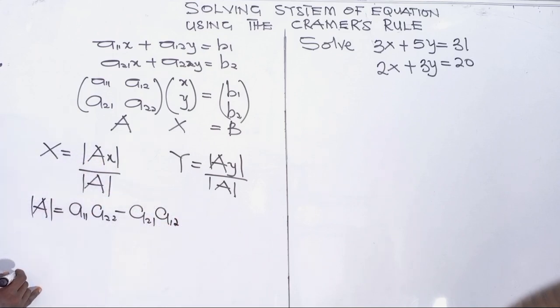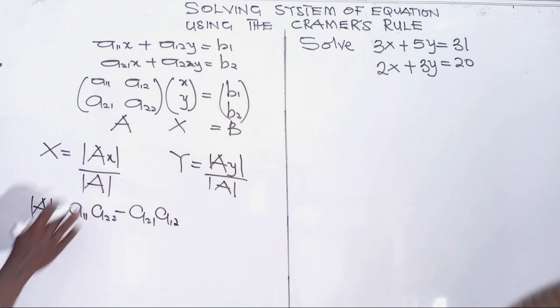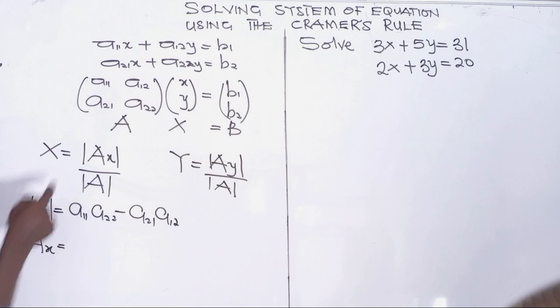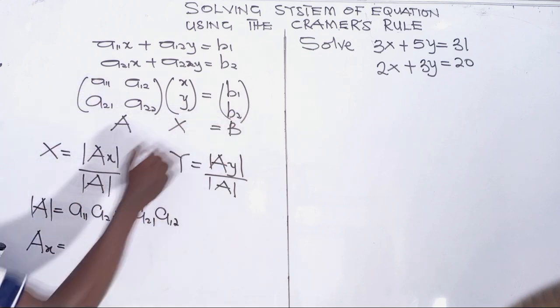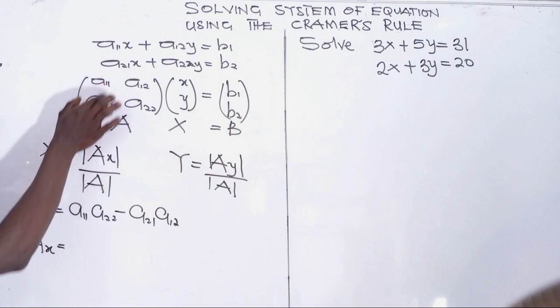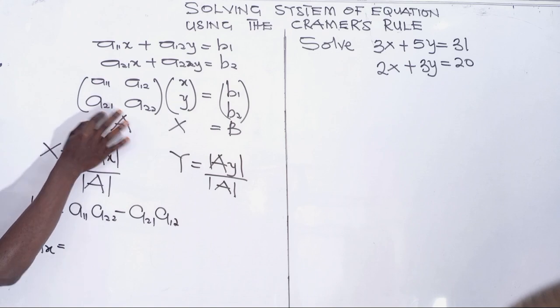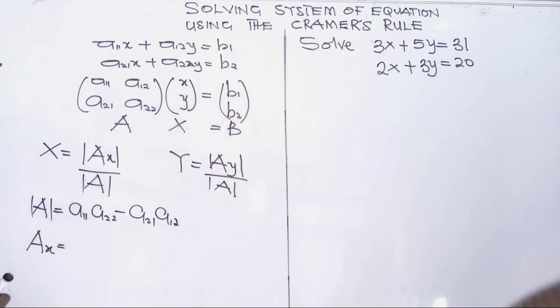Now let's look at the determinant of Ax. To find the determinant of Ax, first of all, we have to find our Ax. To find Ax means that we are going to replace the first column with the constant matrix. You can see that the first column is the coefficient of x. So we replace this first column with the constant matrix.